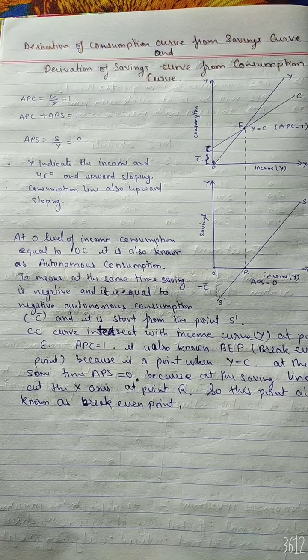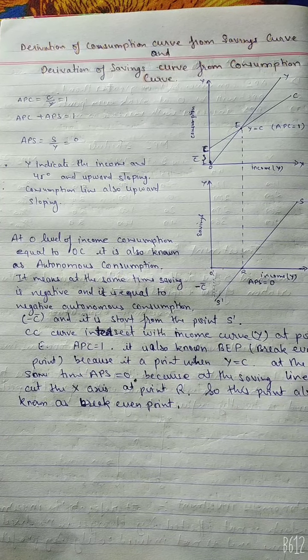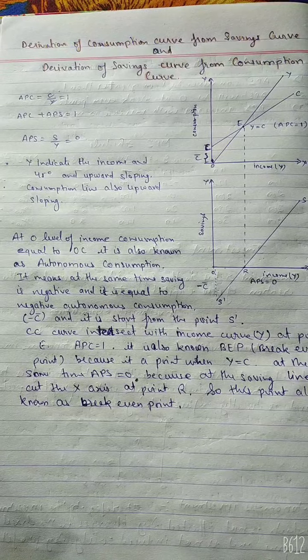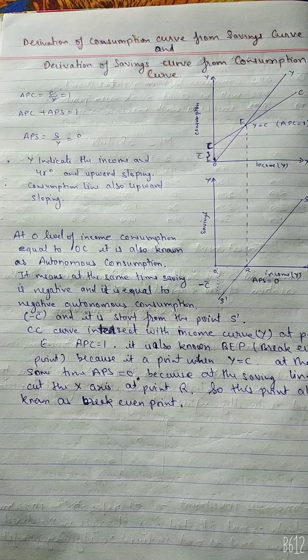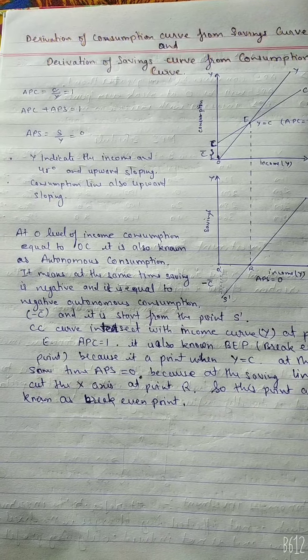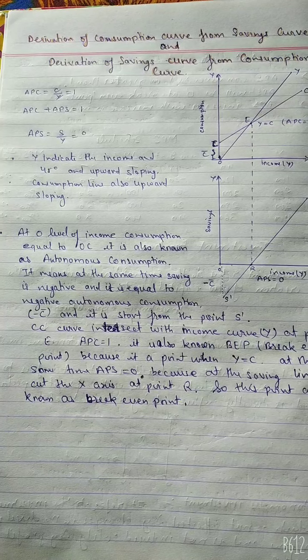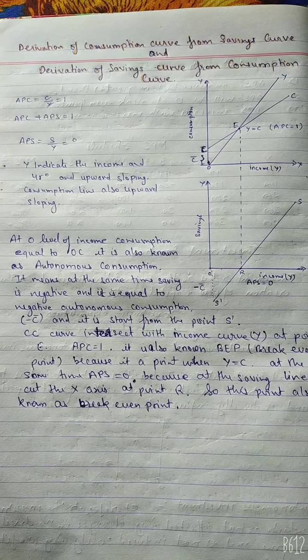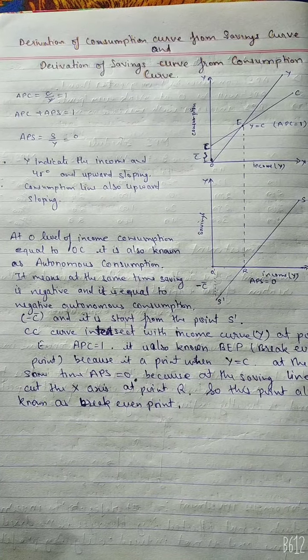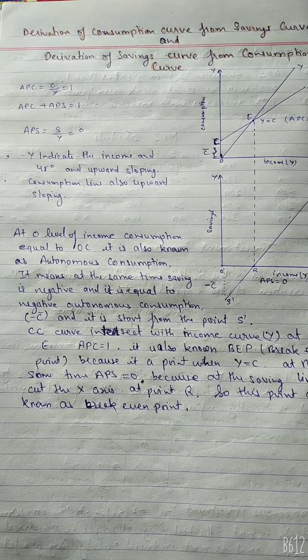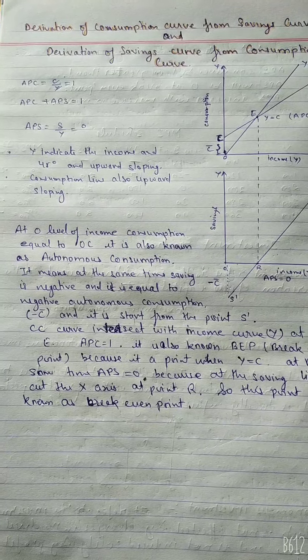The consumption curve intersects the income curve at point E, which indicates income is equal to consumption, or saving is equal to 0. Therefore the saving curve will intersect the x-axis at point R. When we join points S dash and R and extend it, we get the saving curve SS.